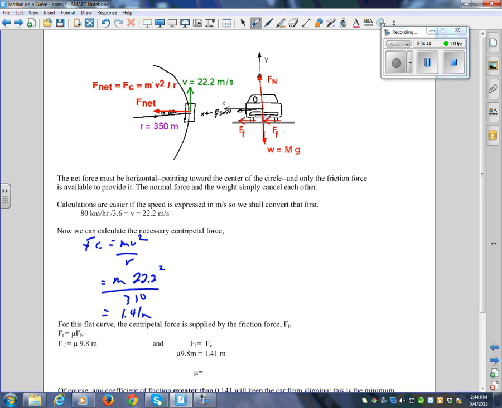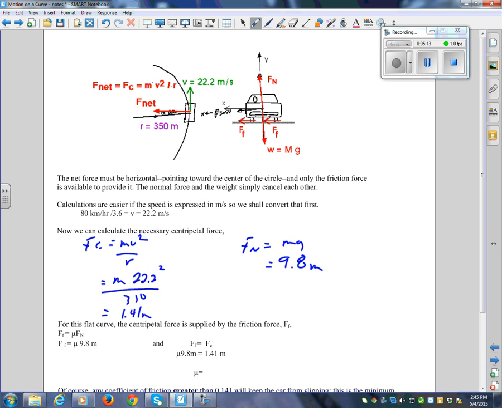What the heck does that mean? 1.41 times the mass, whatever the mass is. Right? The normal force is equal to the mass times gravity. And in this case, again, we don't know the mass, we know g, 9.8 m/s².